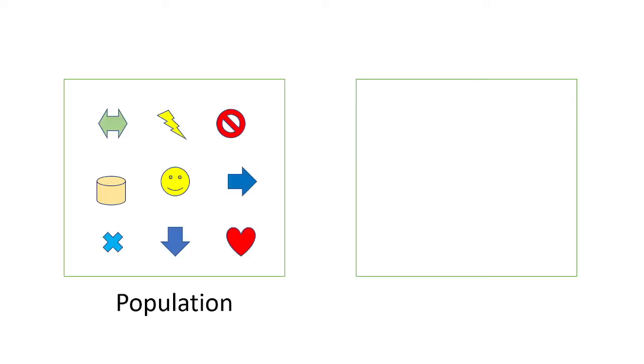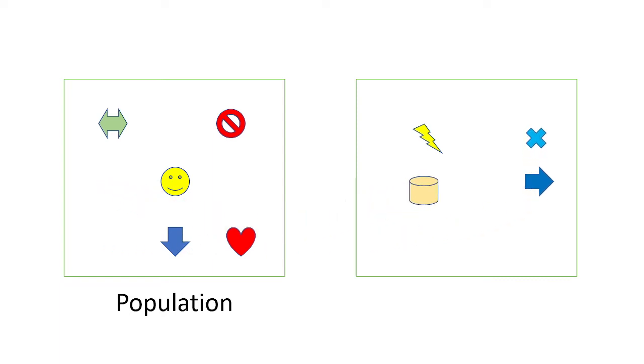Okay? So basically, parang ganito. If we have here this nine figures, this is the population. So if I take some of the members of that population, let's say the lightning, the arrow, the cylinder, and the cross mark, the multiplication sign, this will be my sample. Okay.